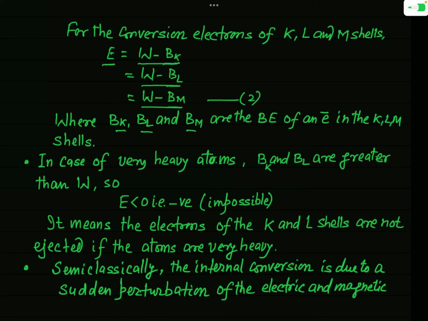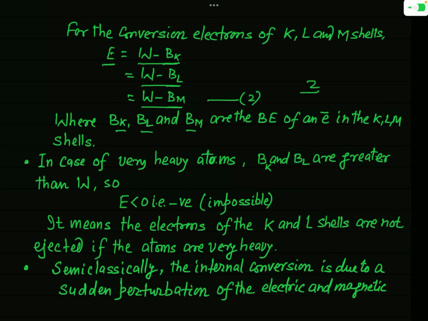It means Z will be large, and if Z is large, the electrons of the K cell and L cell, which are closer to the nucleus, will be very tightly bonded. What does that mean? It means the binding energy of the electrons present in the K cell and L cell will be very large. If the atom is heavy, then this Bk and Bl will be very large.